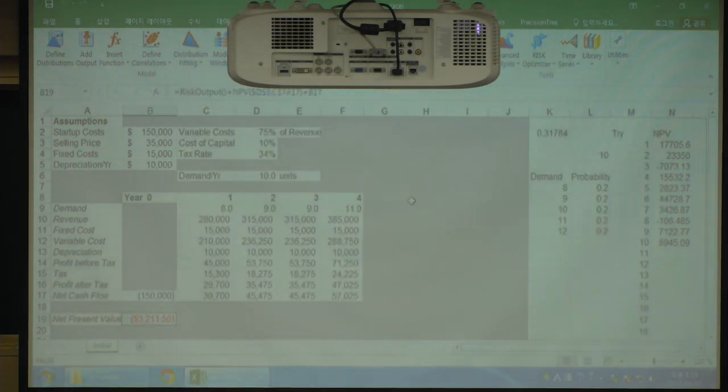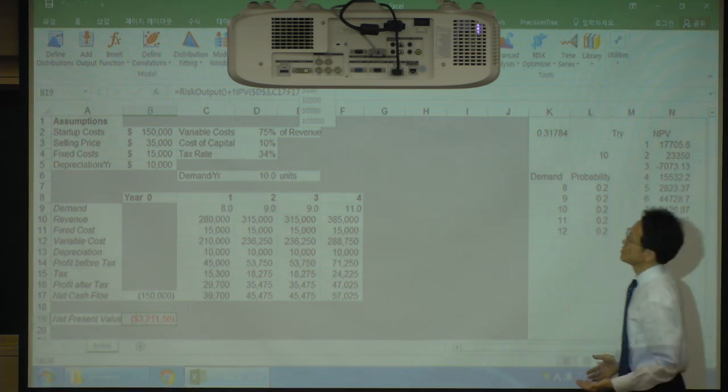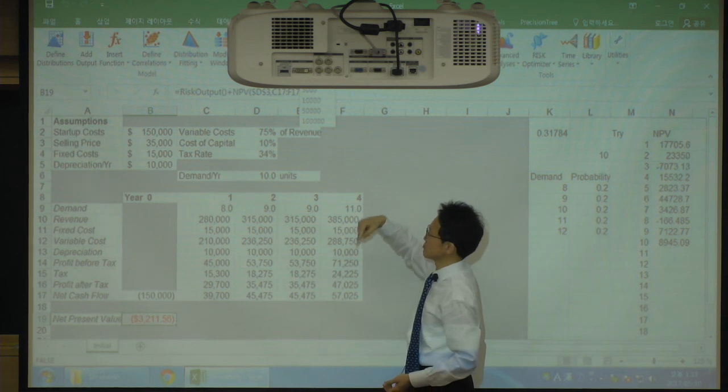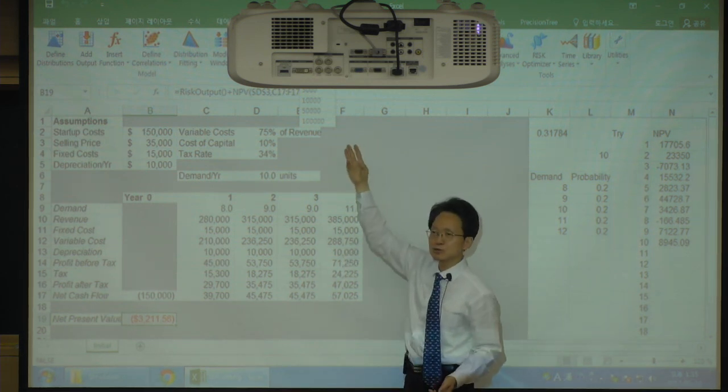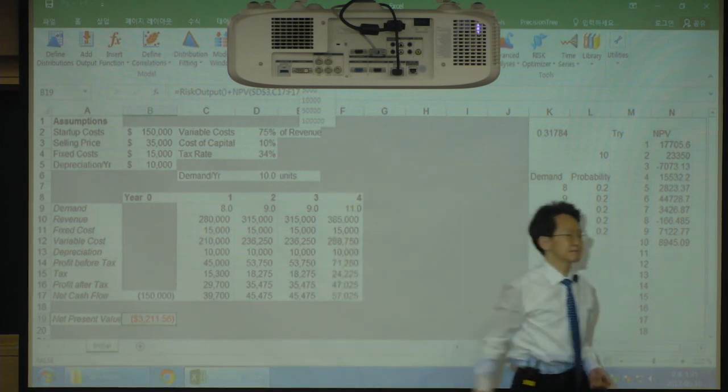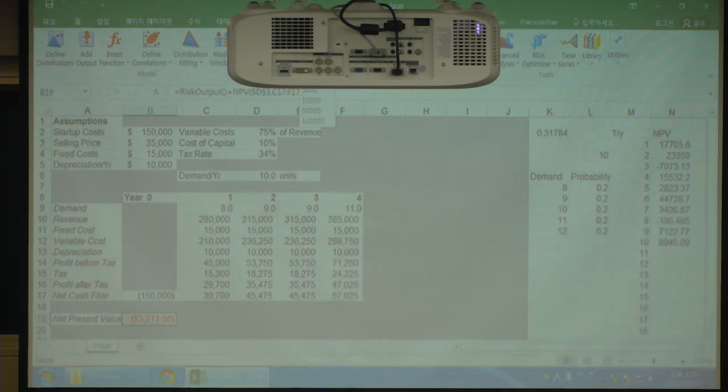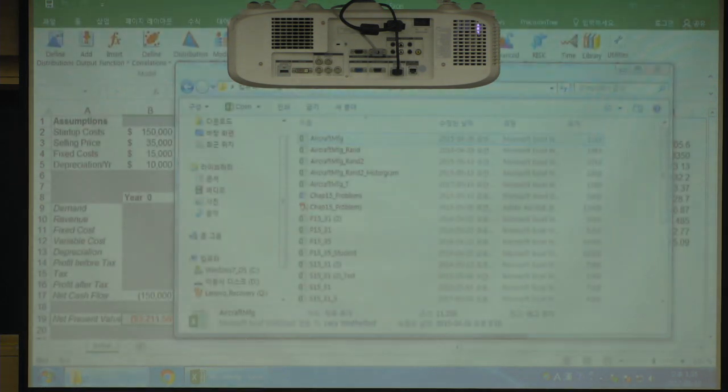And then I want to do this simulation. You go to iterations. How many times do you want to do this simulation? How many times do you want to push this F9? Well, I want to do that 1,000 times. Then you choose 1,000 times, and the simulation. I have only one simulation today, and then you click Start the simulation.